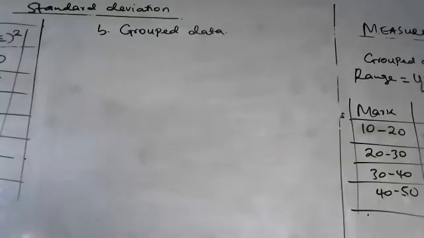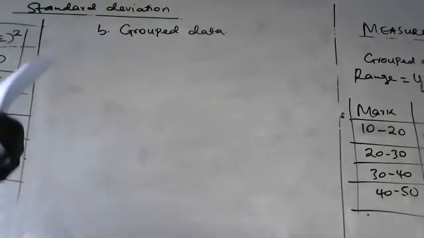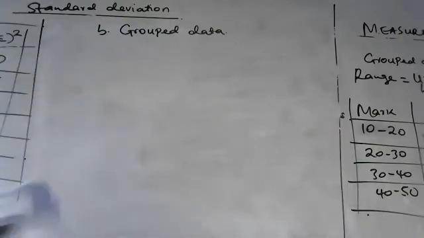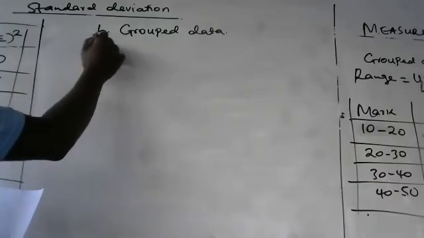The standard deviation from grouped data. Grouped data is when we have got classes. When we have the classes, let me look for a small question here, and then we see how it is done. We are given a table here of profit.